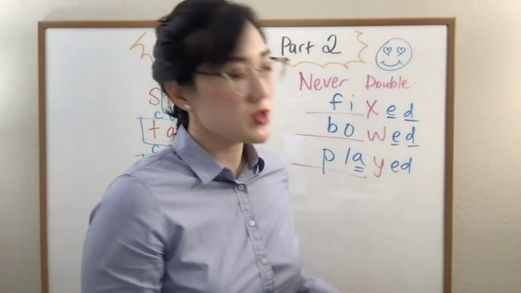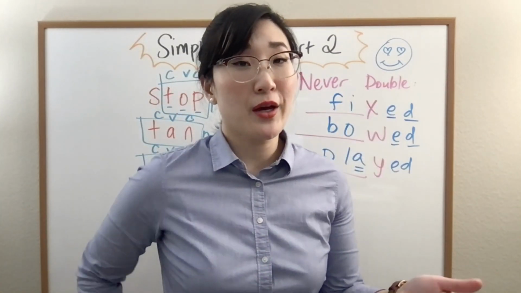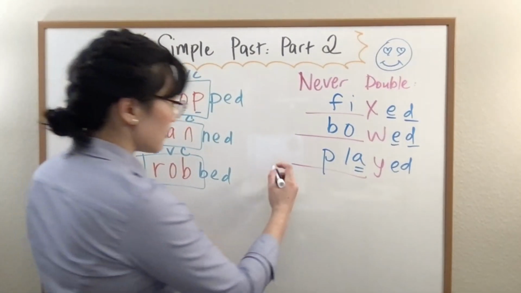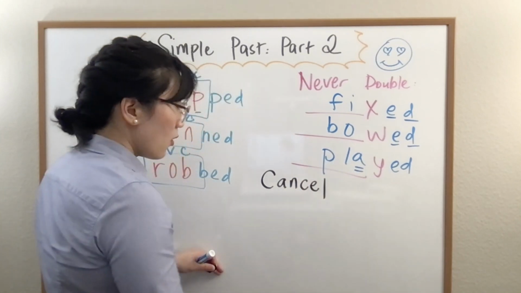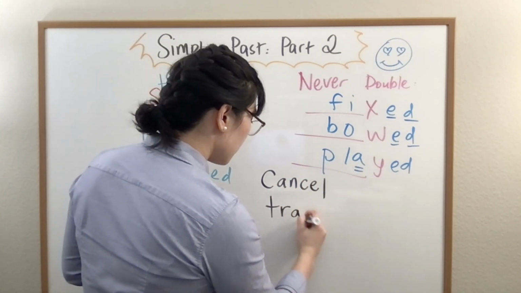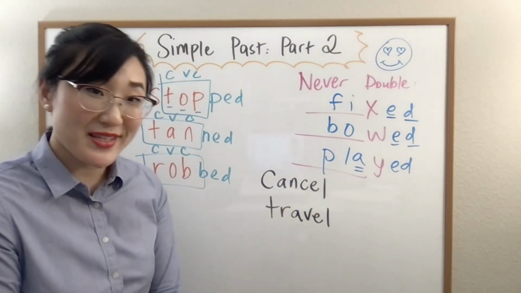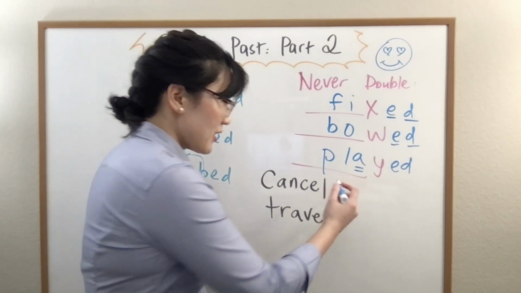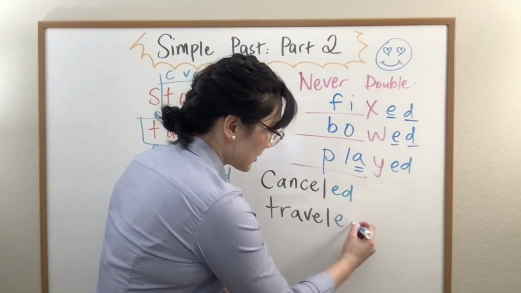There are some small differences between American English and British English. Let me give you an example. If I say the word cancel or travel, in the United States, even though you see consonant, vowel, consonant, we do not double this. Travel, we do not double this.